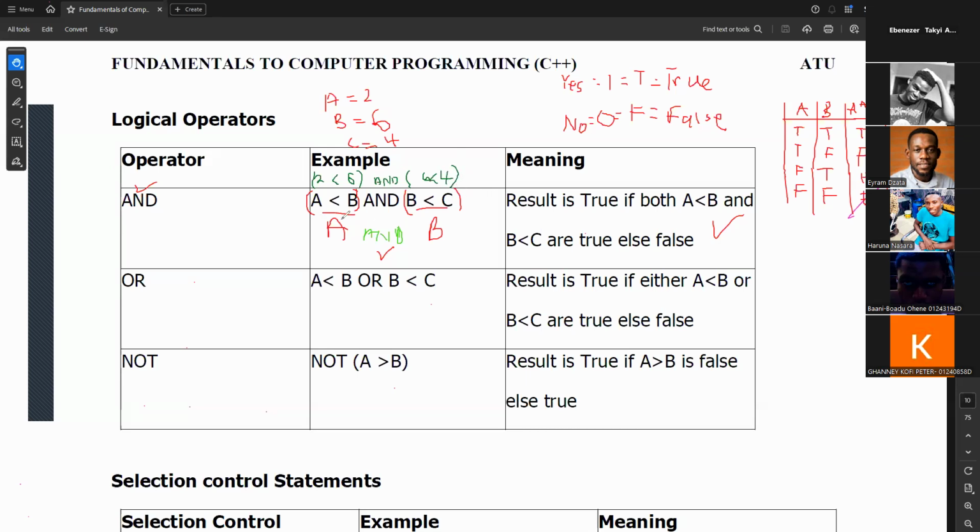What would this give us? 2 is less than 6. That would be true or false? True. It's going to be true.